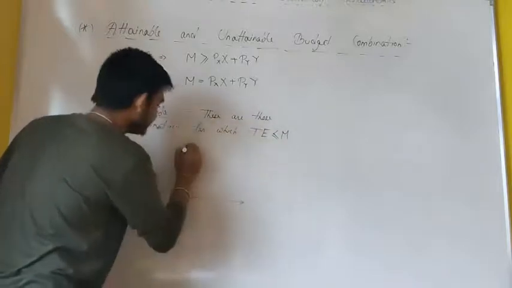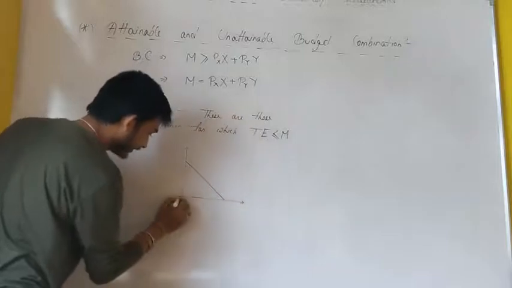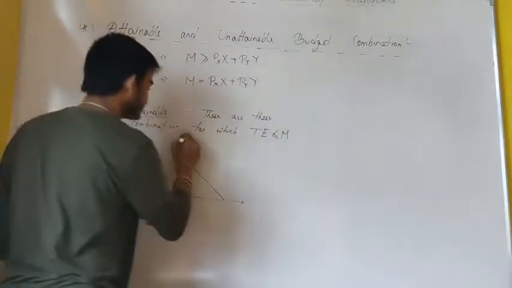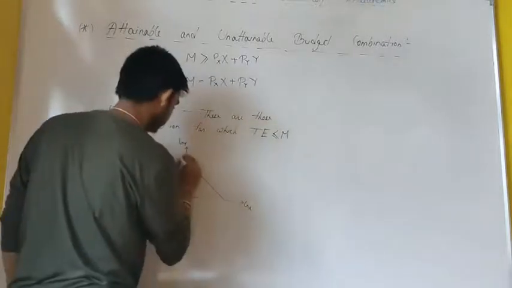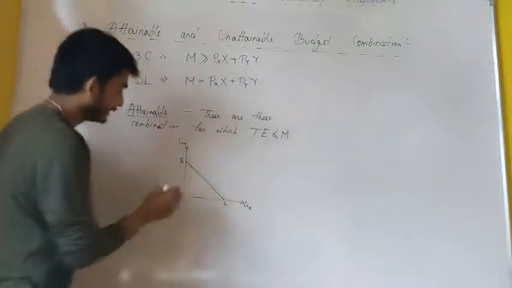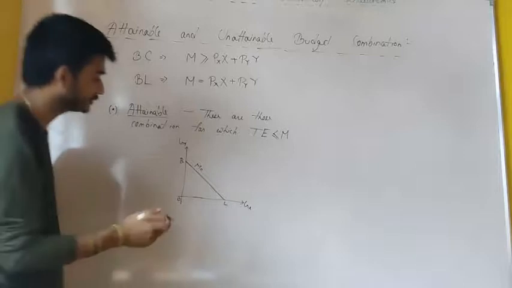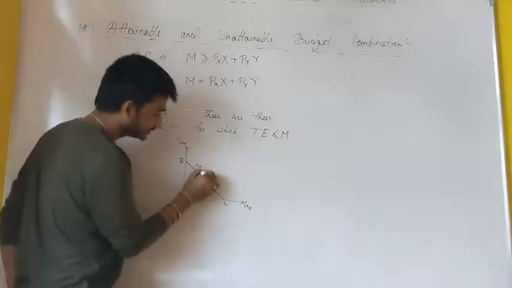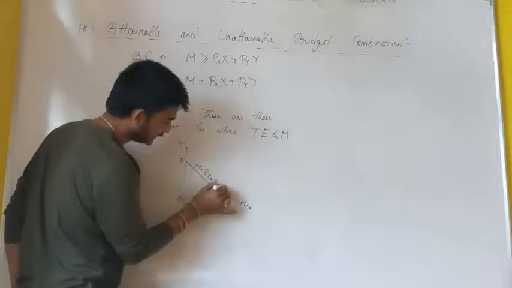So my dear students, we know that the budget line is basically a straight line. That's what we have already seen from our last class. So I am giving it a name, BL, and BL has an equation which says that money income is entirely spent on two goods given their prices, Px x plus Py y.